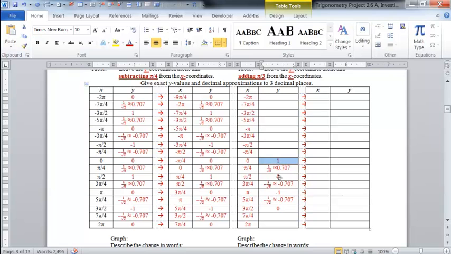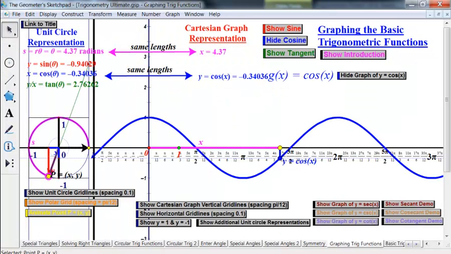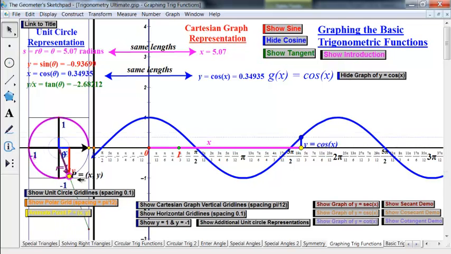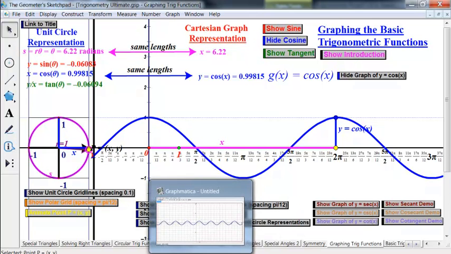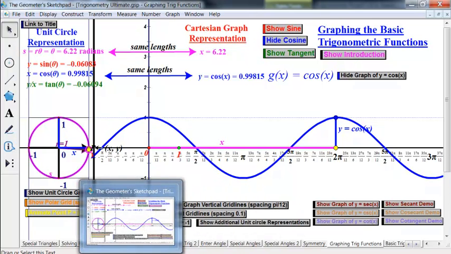Let's see here. So it starts at 1, then it comes down to 1 over square root of 2, then all the way down to 0, then the negative, then negative 1. Let me make sure where we are here. At 3 pi over 2, we're at negative 1, and then back up to negative 1 over root 2, and then 0. No, then positive 1 over root 2.